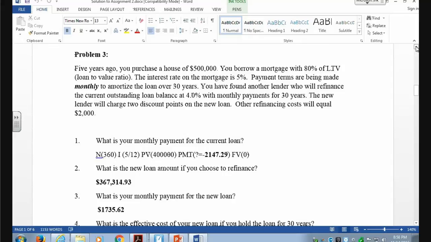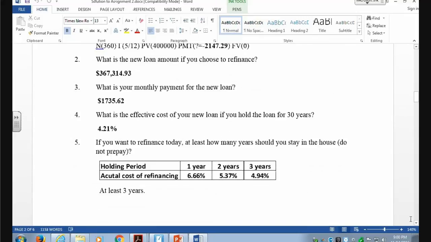For problem 4, you borrow more money because you don't have any money to pay the cost. So now what is your monthly payment for the new loan? Because you know the loan amount and the interest rate, you can calculate the monthly payments for the new loan. So now what is the effective cost of your new loan if you hold the loan for 30 years?